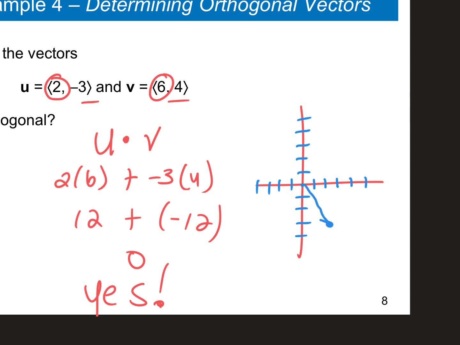And then over 6. 1, 2, 3, 4, 5, 6. And then up to 1, 2. There's vector v. Do you notice, if I drew this 100% correct, how would they meet? At a right angle. I mean, I did the best I could. And then, what is this? That's the angle in between, right?